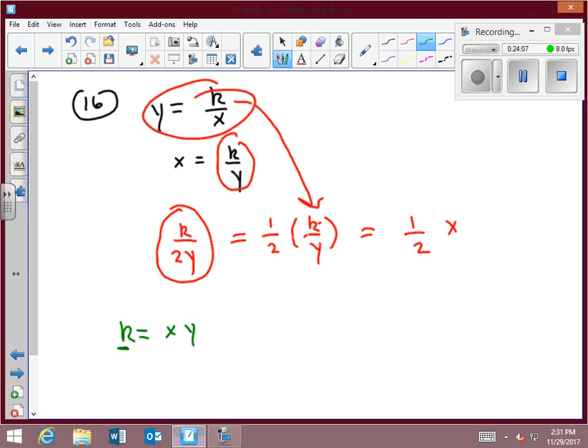In order for this to not change, if you go 2 times y, to get k back, what do you have to do? X over 2, right? It's an inverse variation. However you want to think about it, it's the only way that k stays the same.